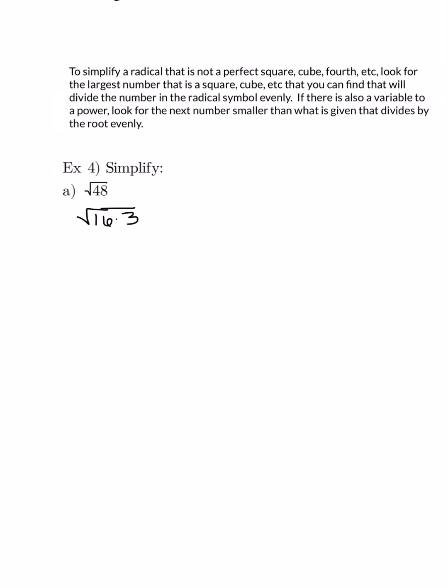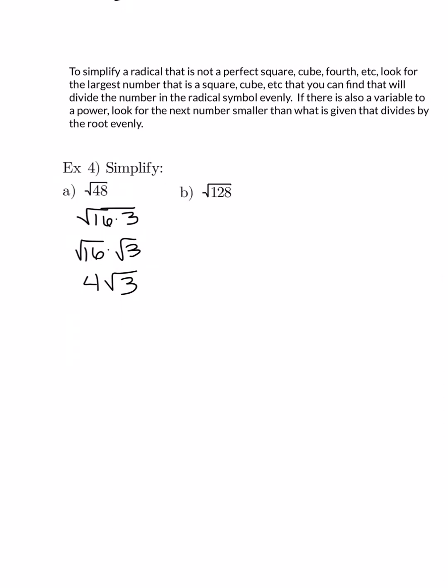There is a square root rule that says you can break multiplication up into 2 separate square roots. Square root of 16 times the square root of 3. But I know what the square root of 16 is. It's 4. So the square root of 48 simplifies to be 4 square root of 3.